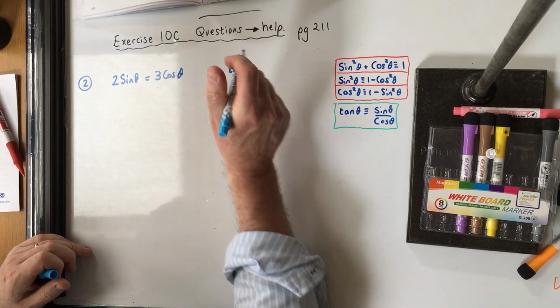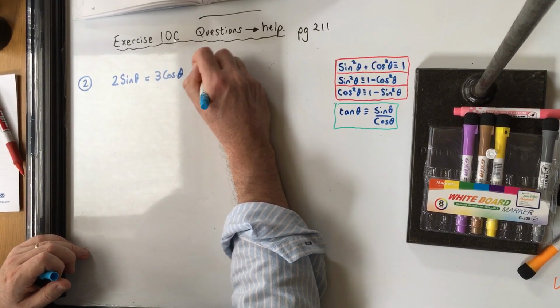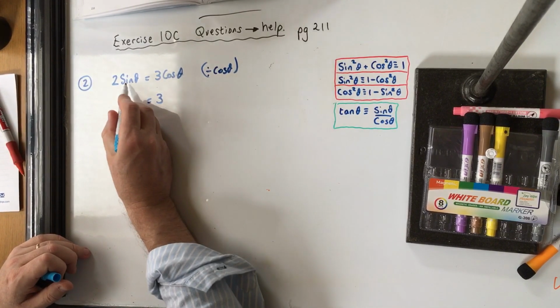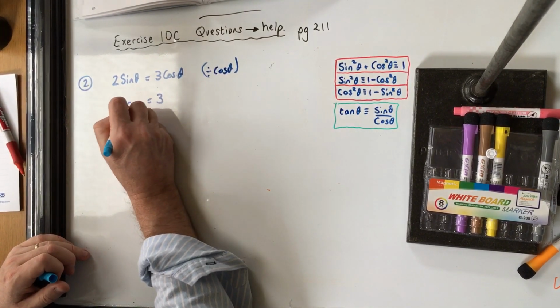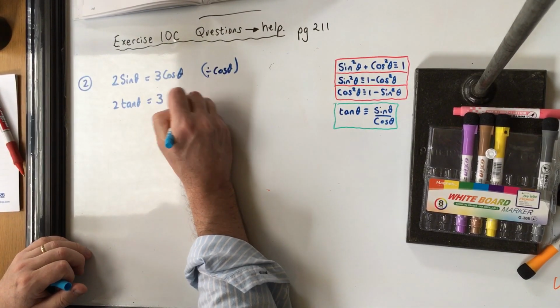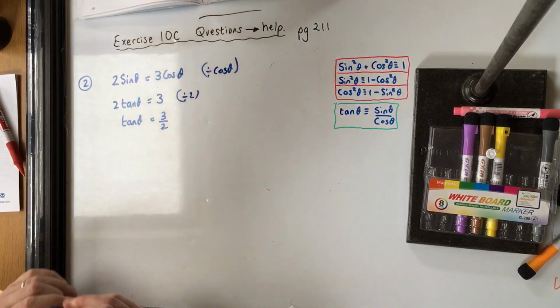So I'm going to divide through by cos theta, both sides. We're left with 3 on there, and sine over cos, 2 tan theta. Then divide both sides by 2, and you've got tan theta is equal to 3 over 2, or 1.5. That's it.